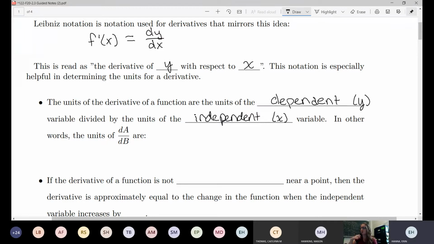So in other words, if in our Leibniz notation our derivative is some dA over dB, then the units of that are going to be the units of A over the units of B, which makes sense because these are slopes and that's how units of slopes work: the units of the y's over the units of the x's. But sometimes we don't have y's and x's, so sometimes it can be confusing as to which one is which.